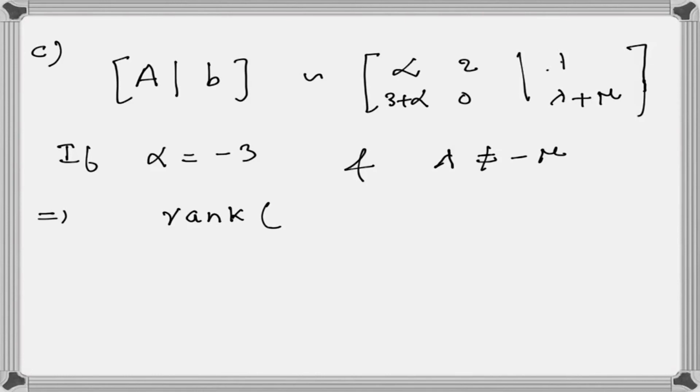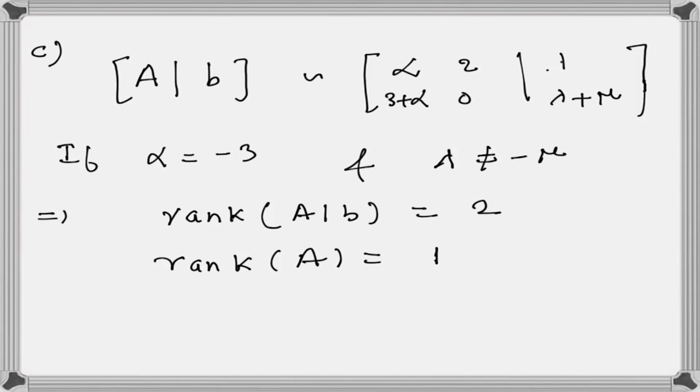This implies that the rank of A augmented B is equal to 2 and rank of A is equal to 1, because the last row of the A matrix will be 0, but if you see the last row of the augmented matrix AB, you'll have entry 0 0 and a non-zero entry lambda plus mu, because lambda plus mu is not equal to 0.